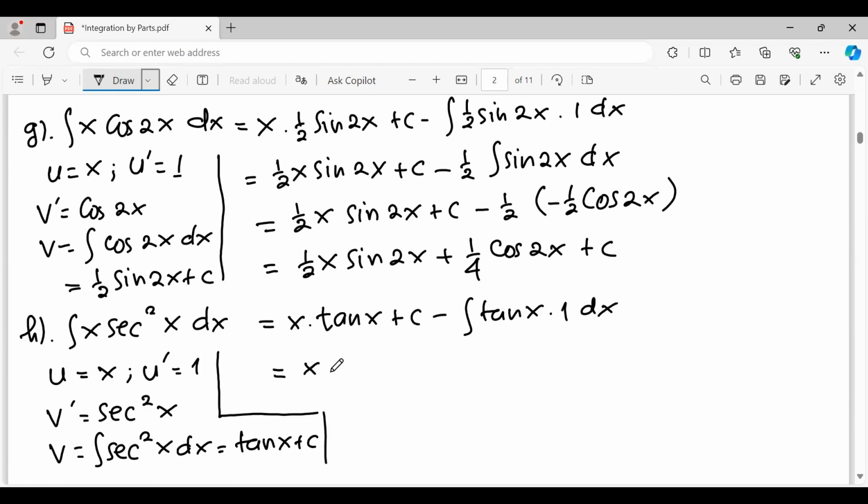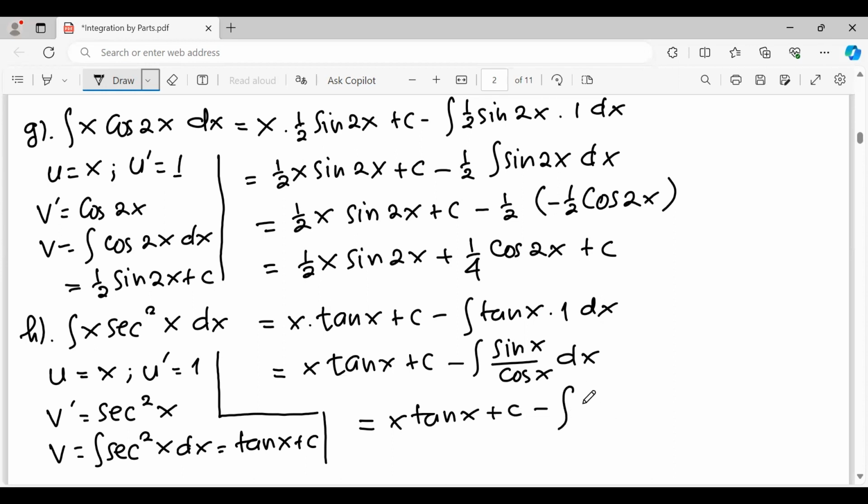So it is x tangent x plus c minus integral sine x over cosine x dx, which is x tangent x plus c minus integral 1 over cosine x sine x dx.